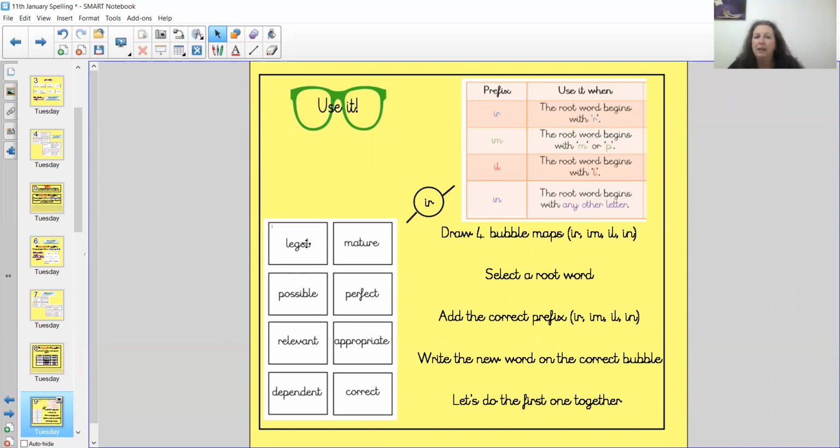So I'm going to pick legal. I'm just going to change sharing my screen for you so that I can show you the whiteboard that I'm going to do it on. Just bear with me a minute. Okay, so hopefully you can see my whiteboard now. I am going to create those bubble maps for those 4.